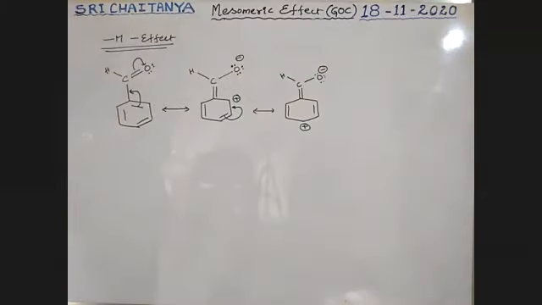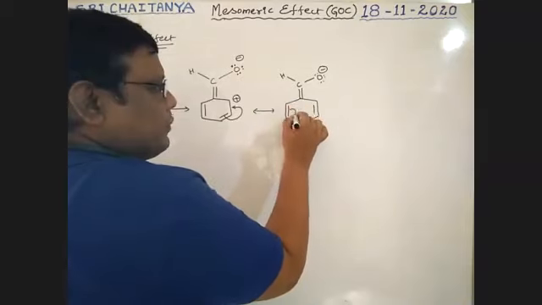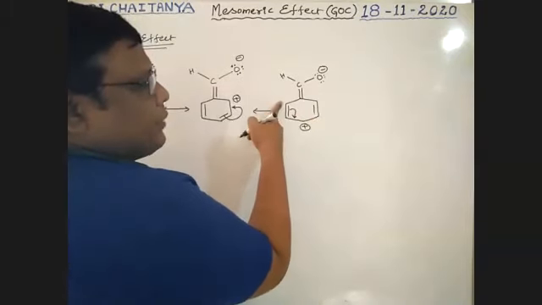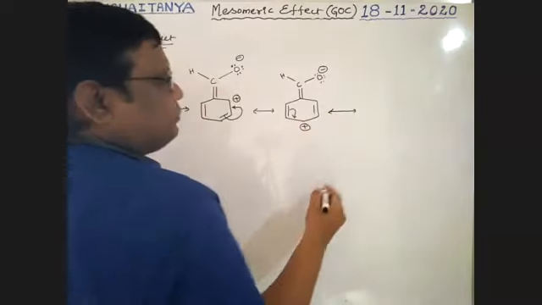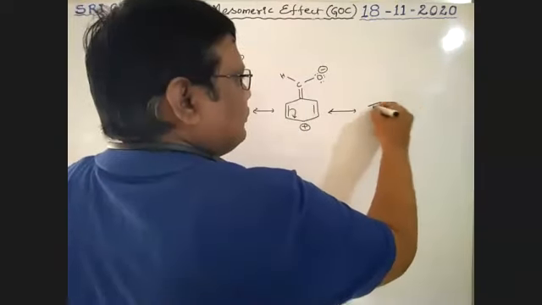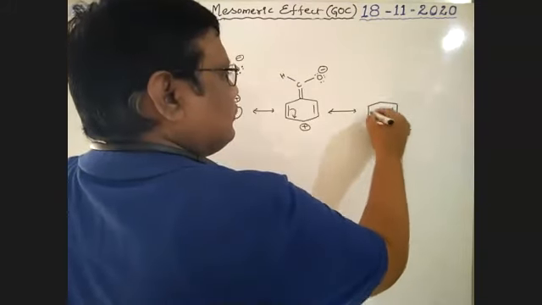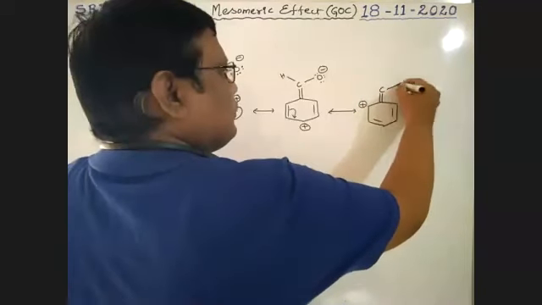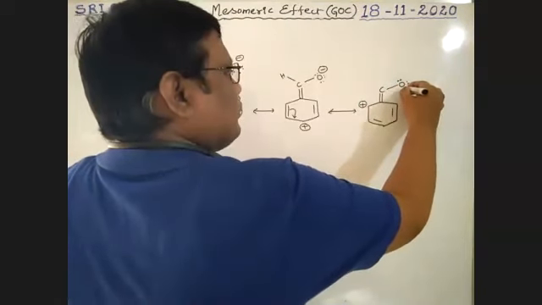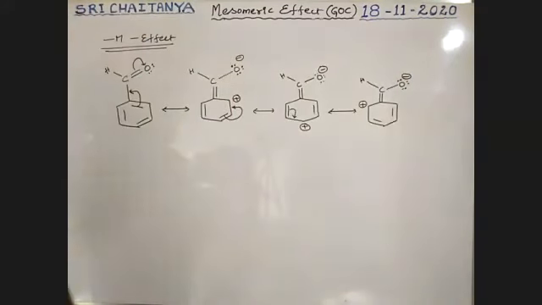Next, this pi bond is migrated to here and this carbon gets positive charge. So that is the structure, boys.